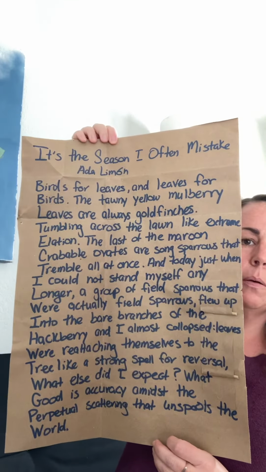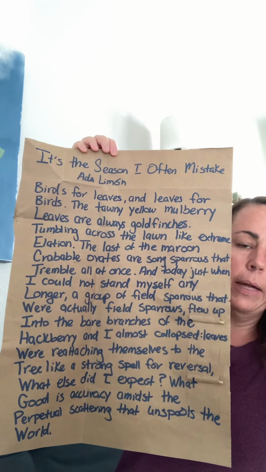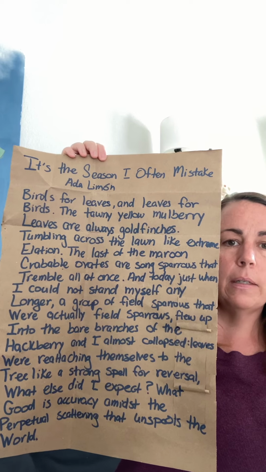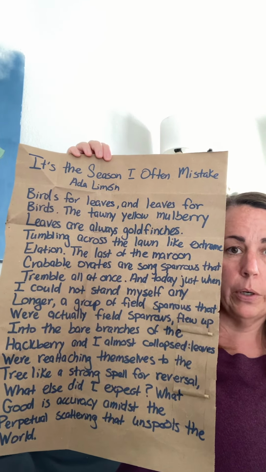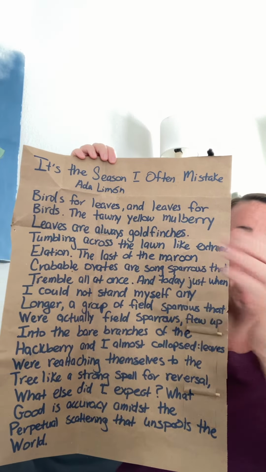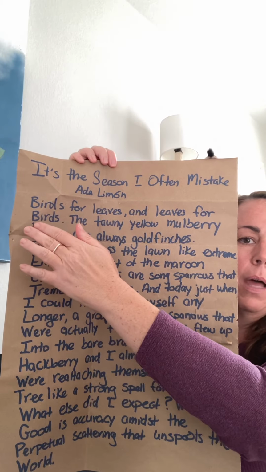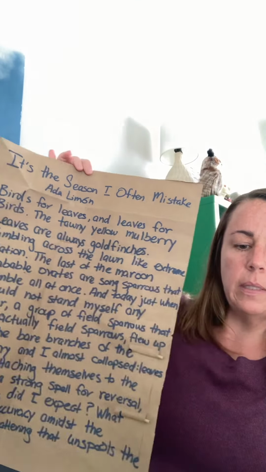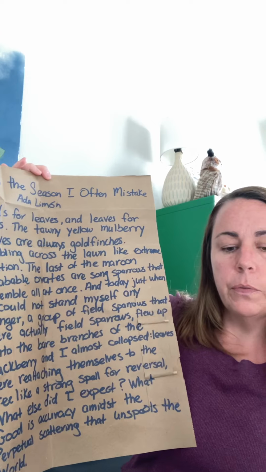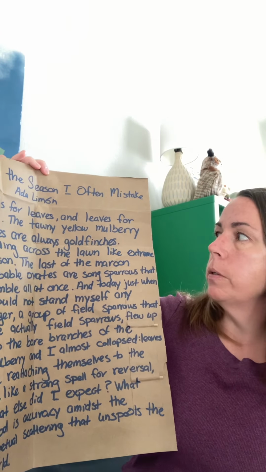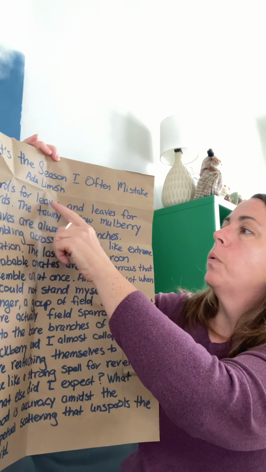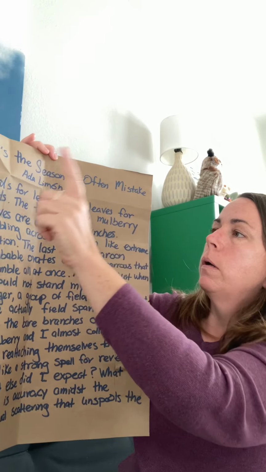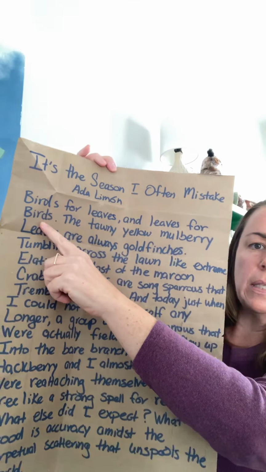Okay, so what I did with the poem was I took the last word of each line, and I bumped it to the next line. So instead of "birds for leaves and leaves for birds," we have "birds for leaves and leaves for," and then "birds" is on the next line.